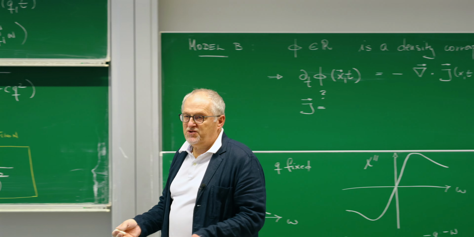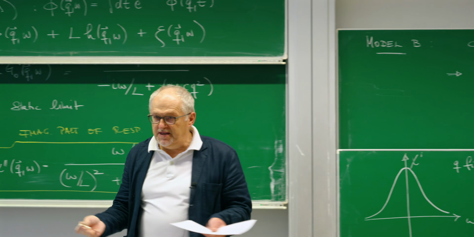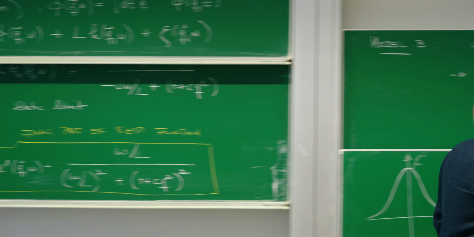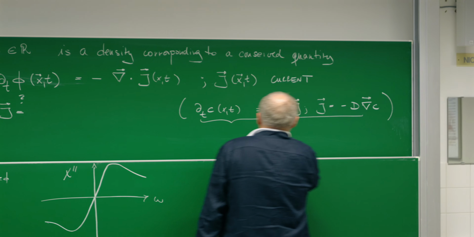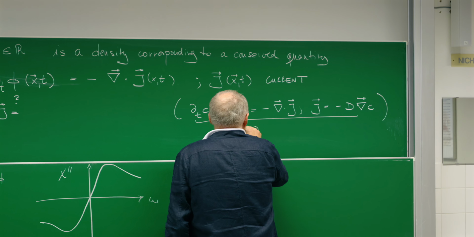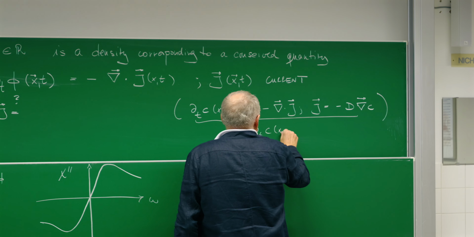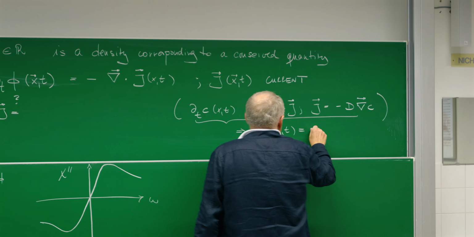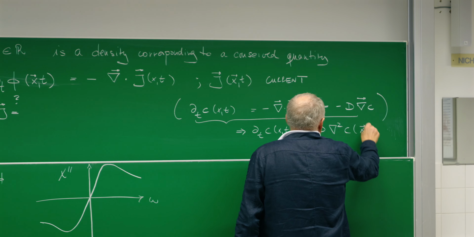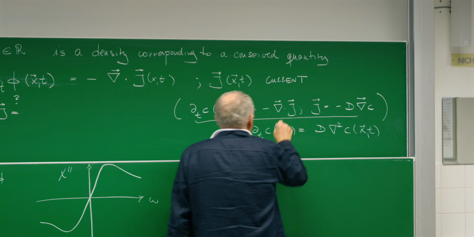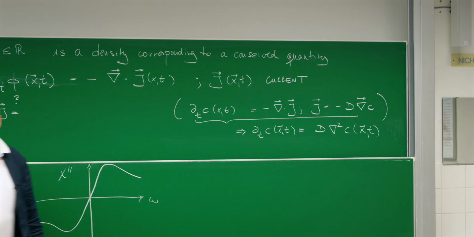Because gradients in the concentration then even out the density distribution. So in total, if you look at that equation here, you do get d_t c of x and t equals D Laplacian of c of x and t. So simply the diffusion equation.